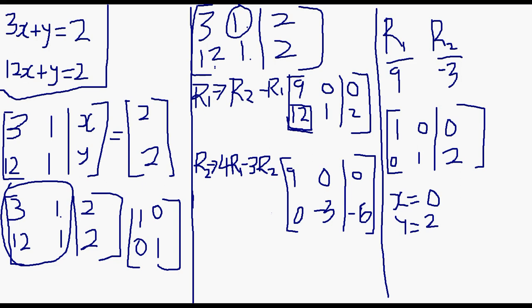Look at this here. Okay, let me start from here. We want to change here to 0. So first of all, since we want to change here to 0, it is normally either row 2 minus row 1 or row 1 minus row 2.